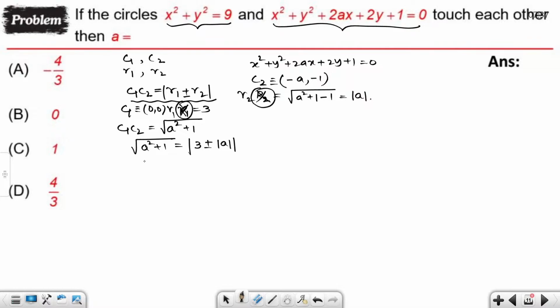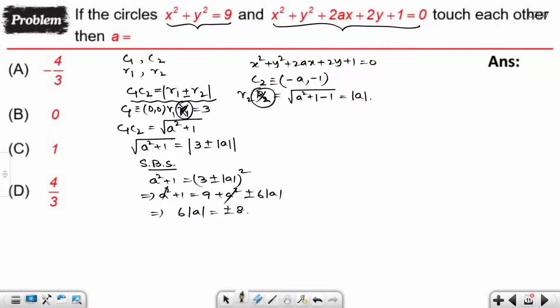Yes, it's pretty simple. I will simply square both sides. So a square plus 1 equals to 3 plus minus mod A whole square. So a square plus 1 is coming to 9 plus a square plus minus 6 mod A, right? So a square goes off. So 6 mod A is basically plus minus 8.